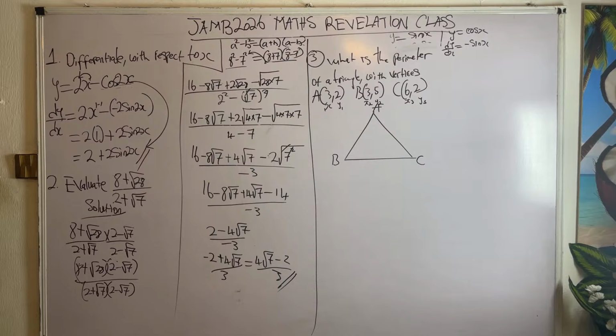What is the perimeter of a triangle with vertices 3, 2, 3, 5, 6, 2?